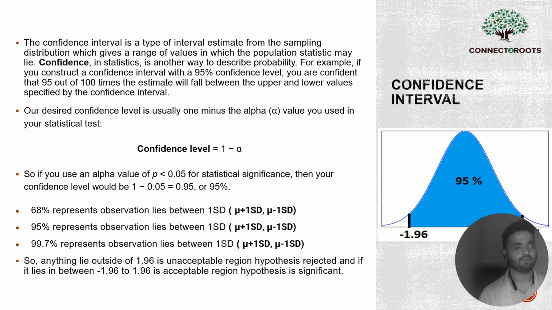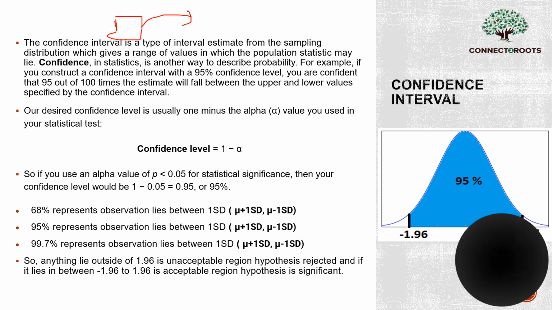So basically, a confidence interval is a type of interval estimate from the sample. It gives a range of values in which the population statistic may lie. Suppose there is a pharmaceutical company that prepares a certain type of medicine, and each tablet contains some amount of medicine.